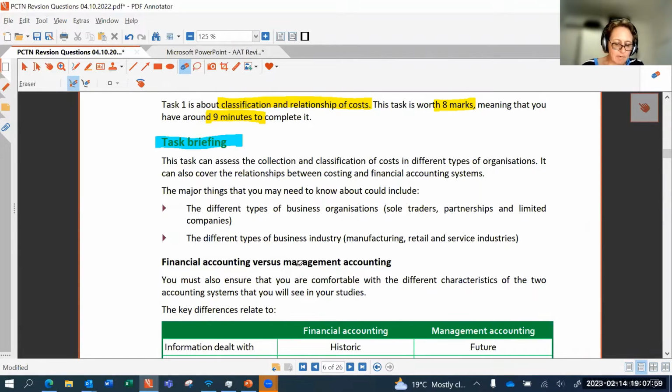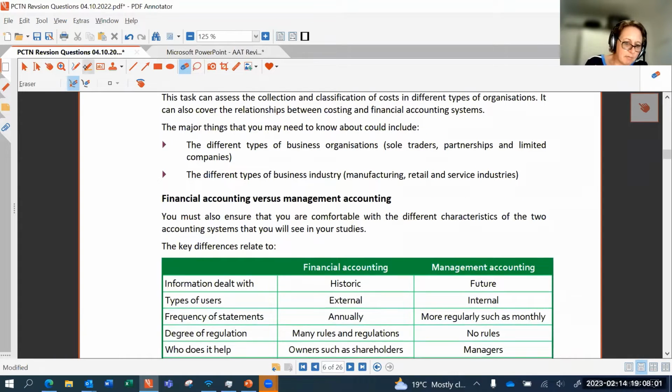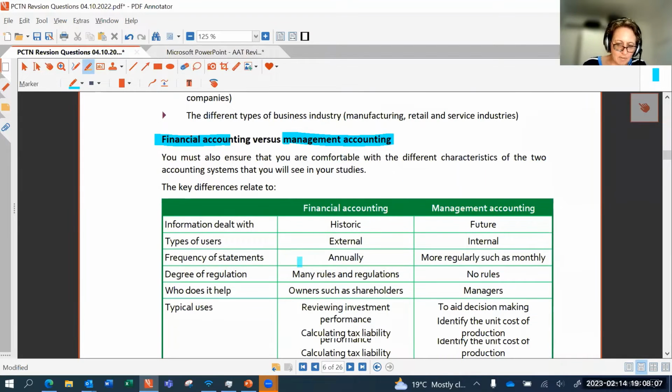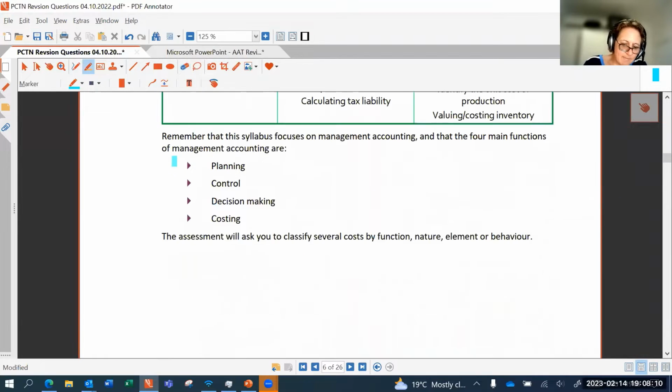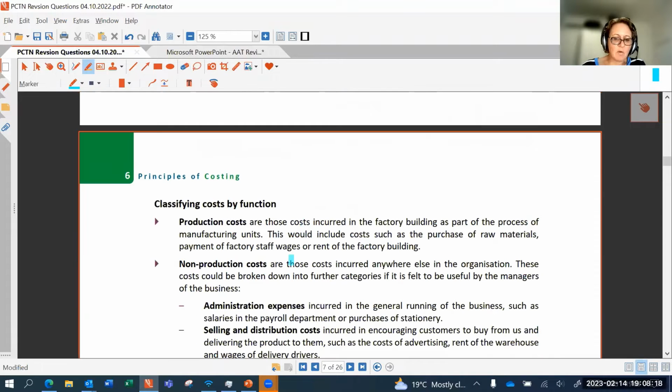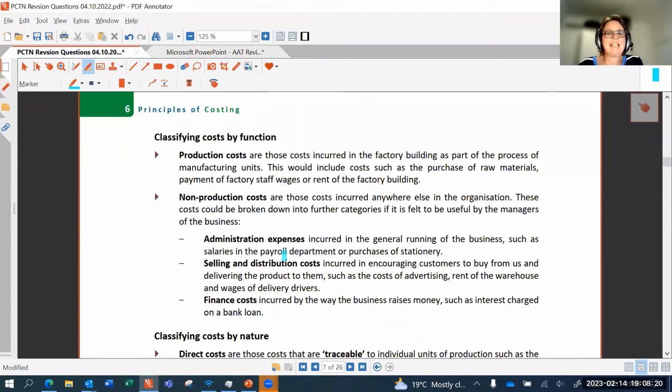So have a run through the task briefing. It will run through the difference between financial accounting and management accounting. It will look at different types of business organisation and industry. It will look at some of the functions of managers, from planning to control to decision making, as well as finding the cost of things. And then it will look at all the different ways in which costs can be classified.